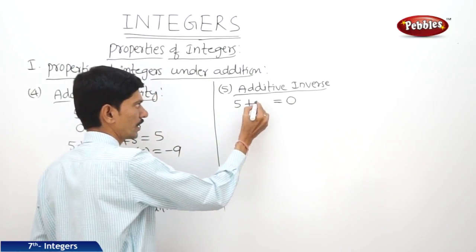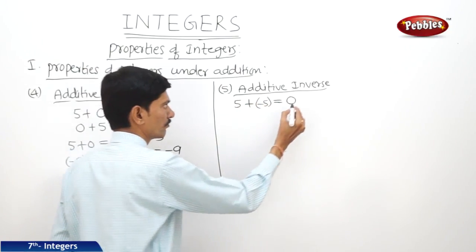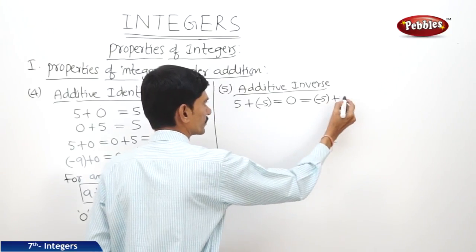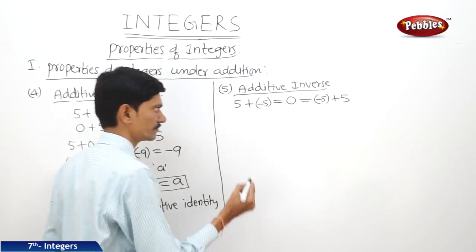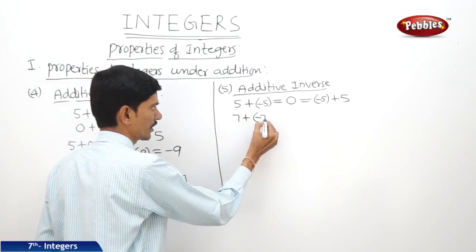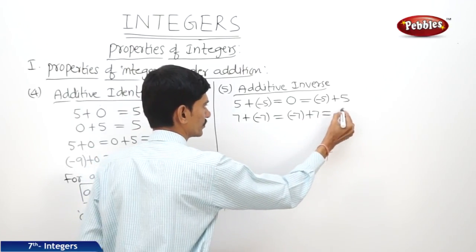So obviously we can add minus 5 to get the sum 0. Or what must be added to minus 5 to get the sum 0? So we know that plus 5. Or we can write 7 plus minus 7 equals minus 7 plus 7 equals 0.